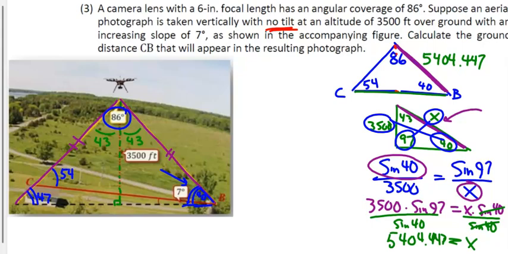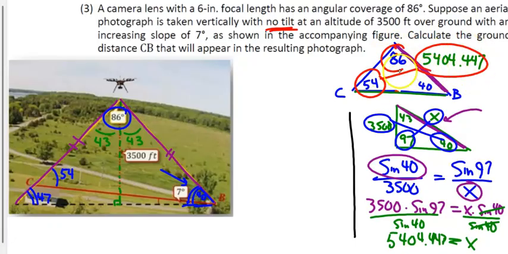All right, so we do have an opposite side-angle pair, and we're looking for CB, which we're going to call Y. We're going to be using the 86-degree angle.